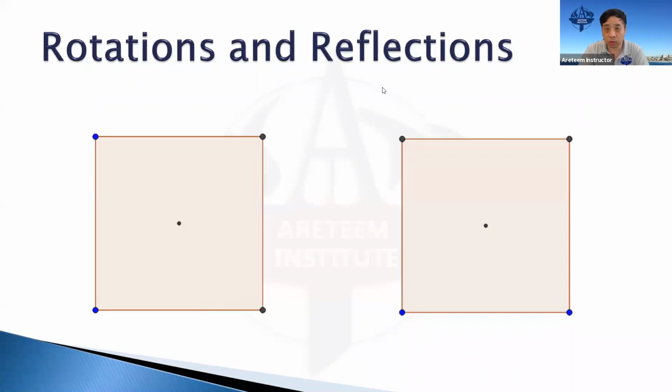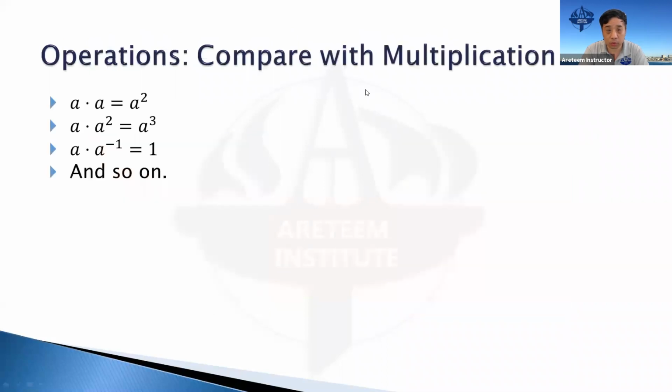So let's go into these. Compare these operations with multiplication. Think about multiplying two numbers. A times A is A squared. A times A squared is A cubed. And A times A to the -1 is 1 over A, the reciprocal.